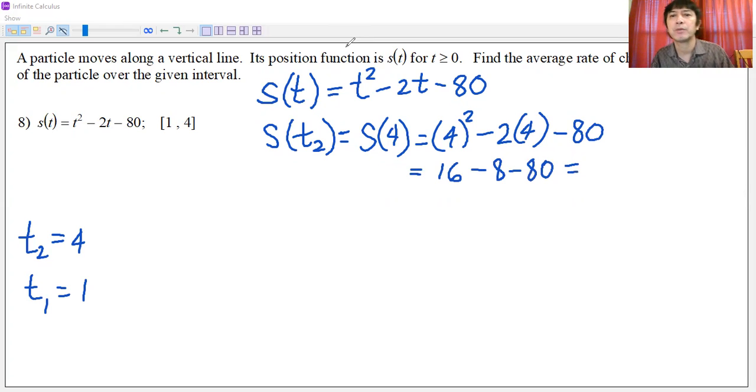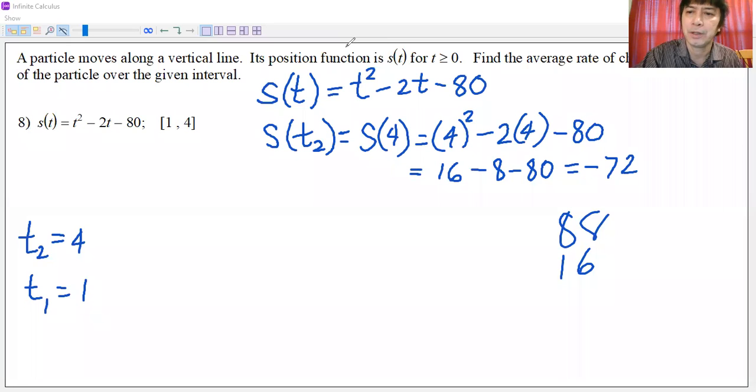And so how much is that? 88 and 16, so we have a 2 and a 7, sign of the higher. That's negative 72. All right, so that goes to S of T2.